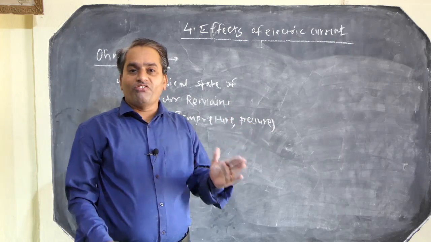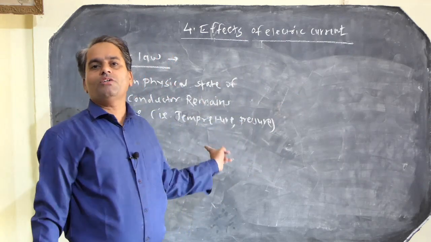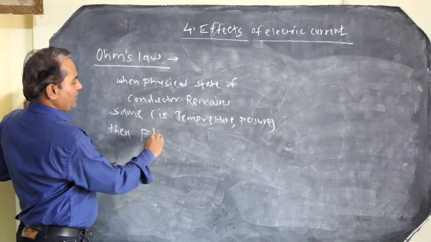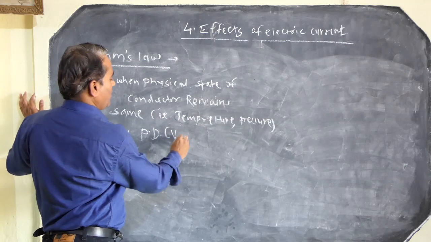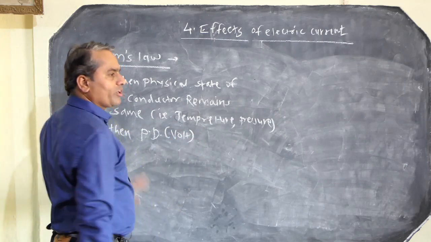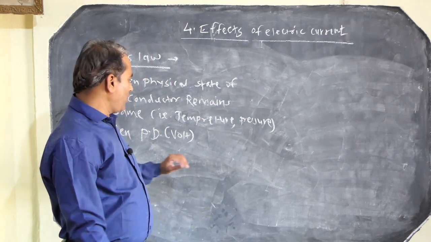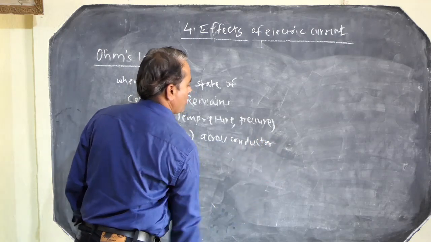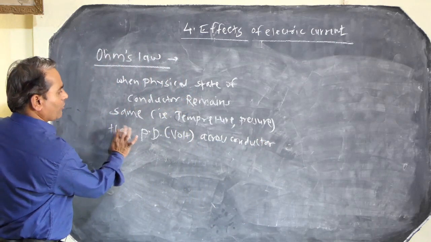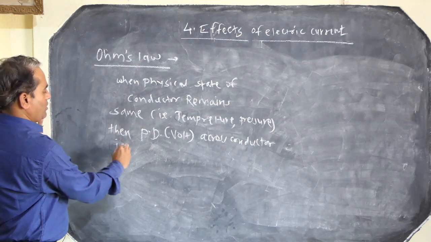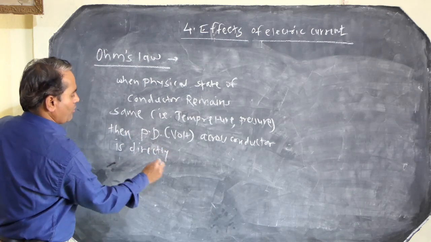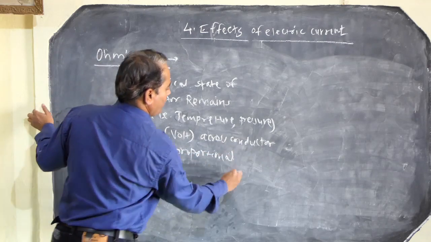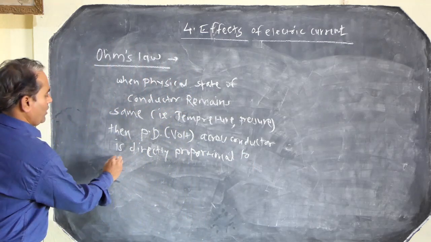But if the physical state of the conductor remains constant, then the potential difference, whose unit is the volt, across the conductor is directly proportional to the current flowing through it.